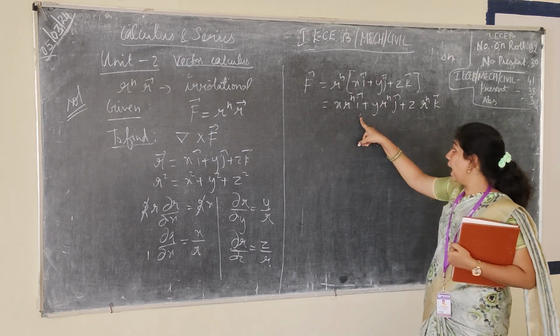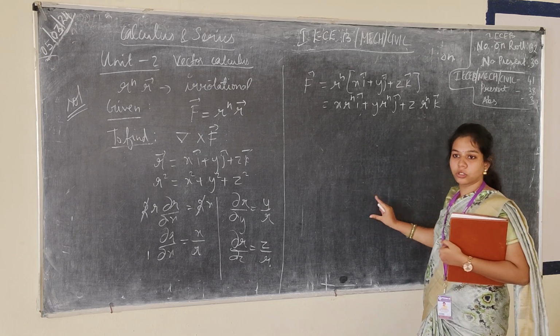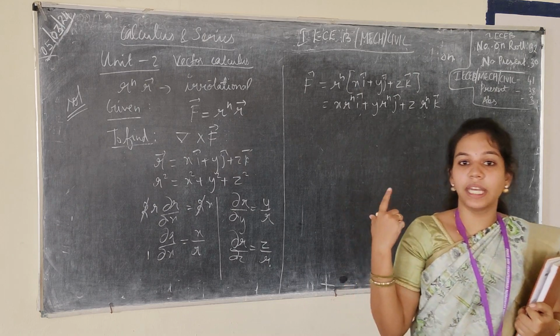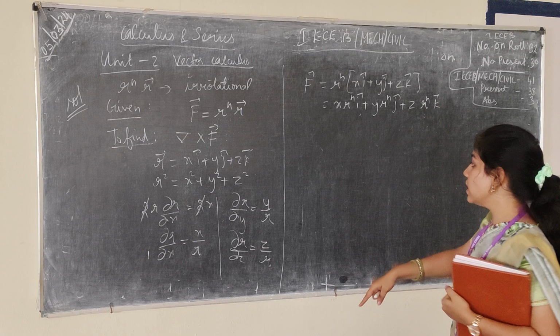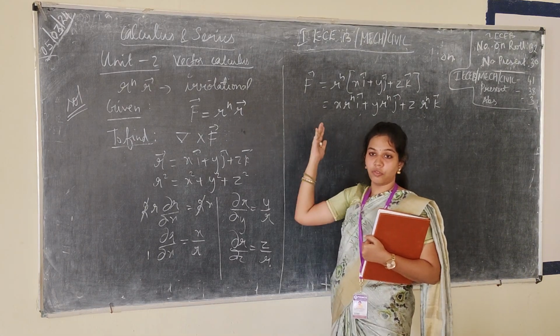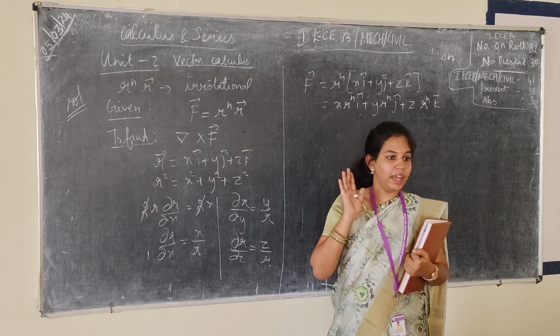So now you have i, j, k, and in the determinant we will be able to substitute those values. You should not make this mistake in the exam, so always reframe the given question. R vector is represented in the form x i vector, y j vector plus z k vector.